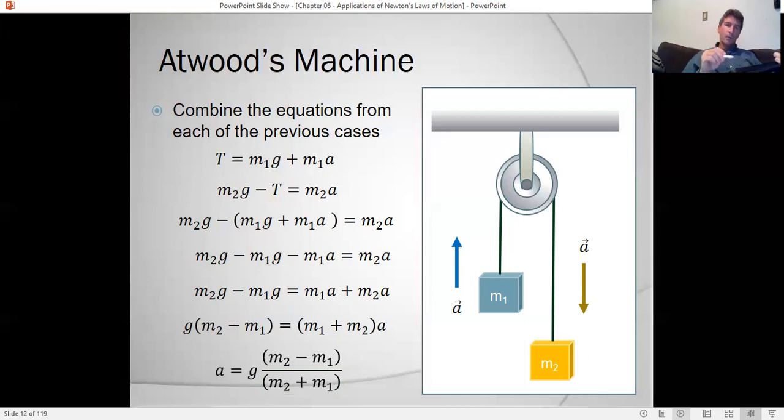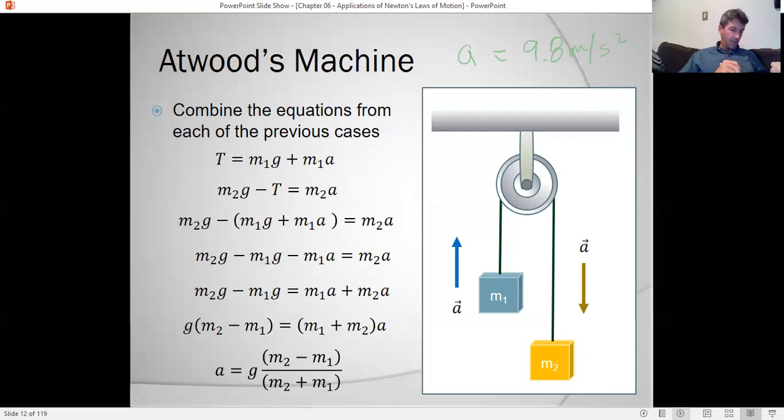The best I can hope for acceleration is, since this is powered by gravity, the best acceleration that you can have is basically 9.8. Can't go any higher than that, right? 9.8. All right? Think about this.